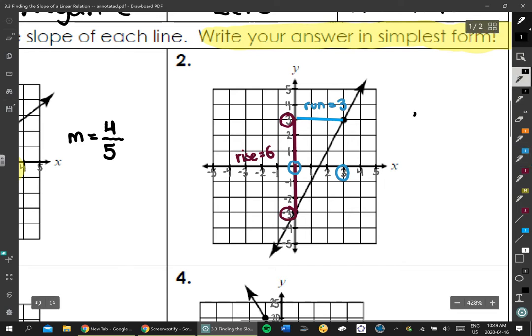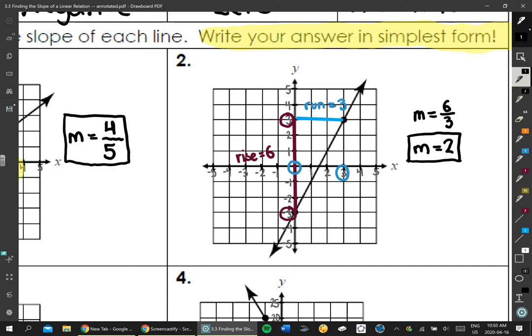So m, rise over run, is 6/3, but that's not simplified. So we simplify it to m is equal to 2. That would be our final answer, just like 4/5 was our final answer here.